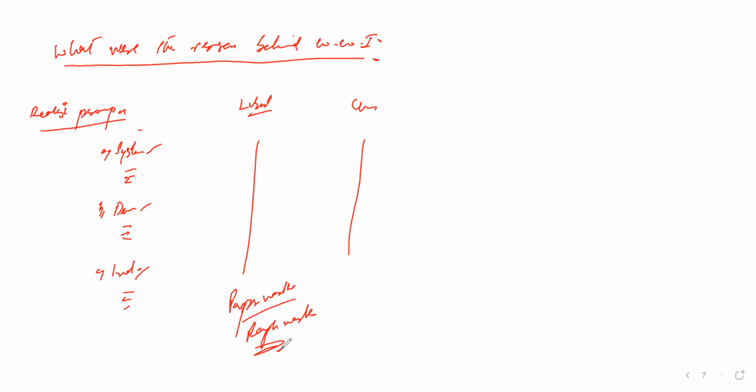Now we will try to understand it through a case study. Let's take the same case study of what were the reasons behind World War One. Of course, we can't start straightforward with the systemic level because there are different variations.